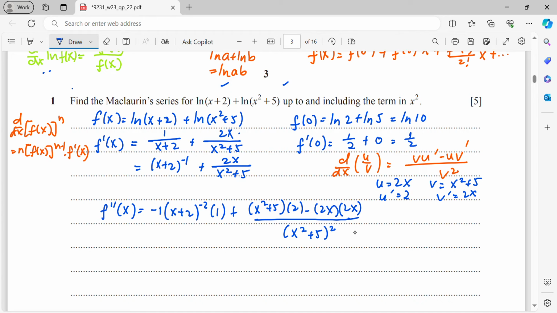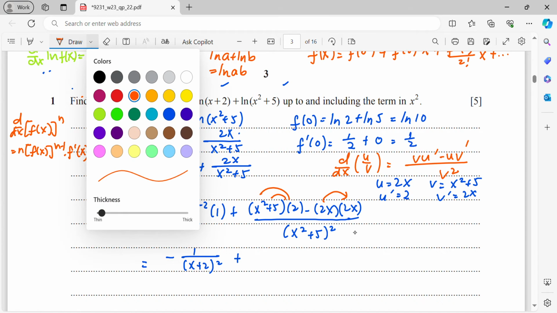Then from here you can just simplify. This is going to be negative 1 over (x plus 2) squared. And for the other term, when you do the expansion, this is 2x squared plus 10, but here is 4x squared. So 2x squared minus 4x squared is basically minus 2x squared.